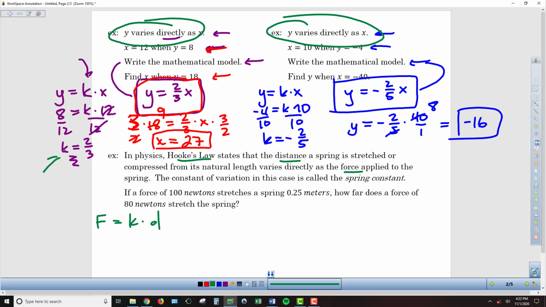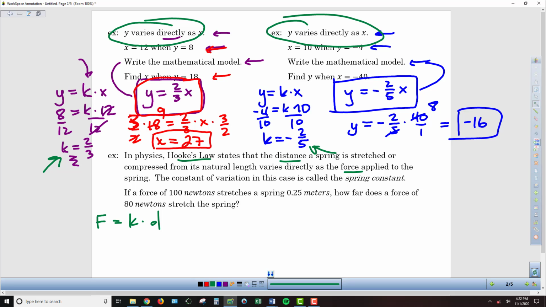So here, if we wrote x equals k times y, then k would have turned out to be 3/2. Here, it would have turned out to be -5/2. So for direct variation, it does not matter what order you put the variables. The only difference is your k value will be the reciprocal, but everything else will work out just fine.